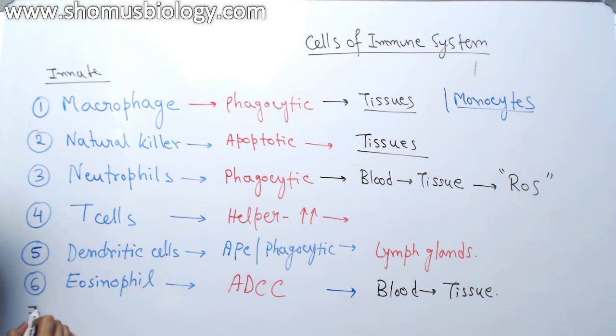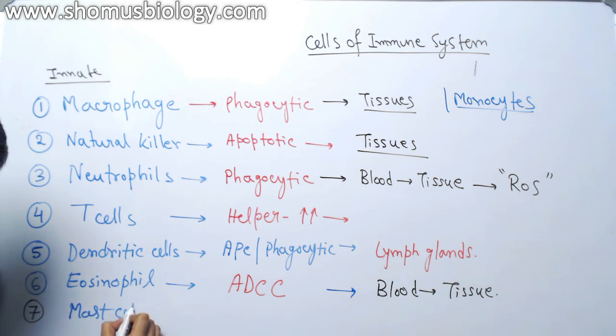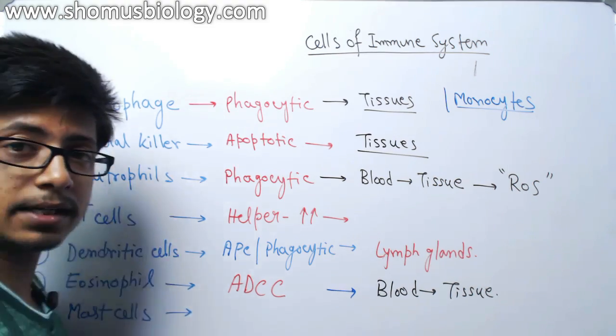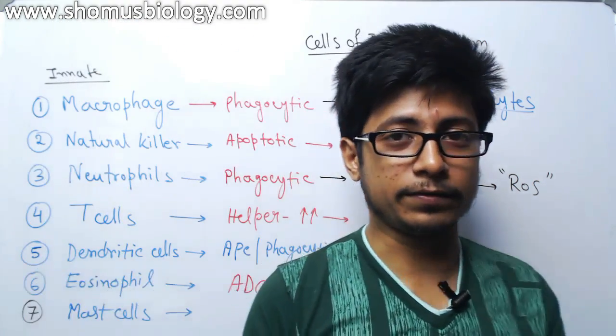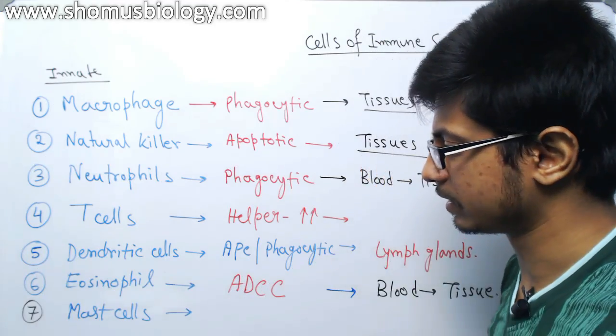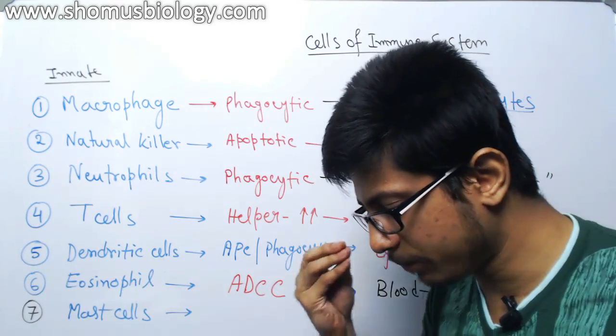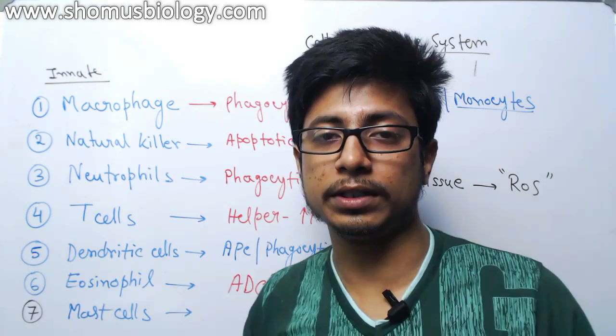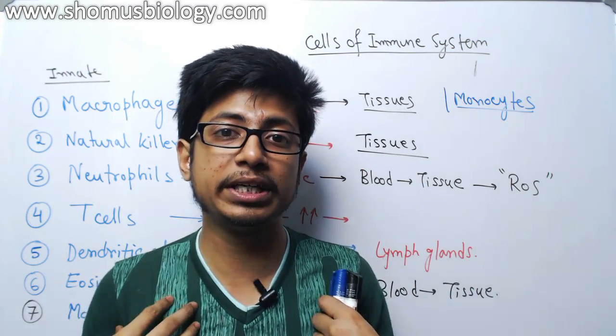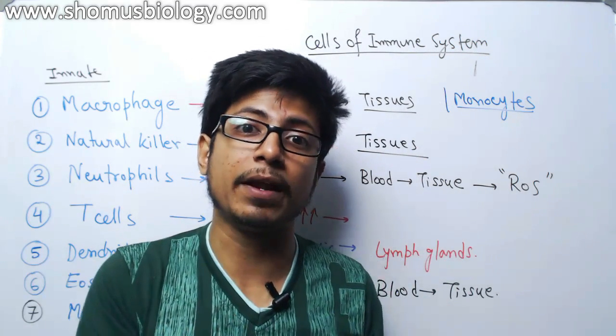And the final one I want to talk about is mast cells. Mast cells are a very important type of cell, and they have a very important role in developing a specific body response during inflammation.